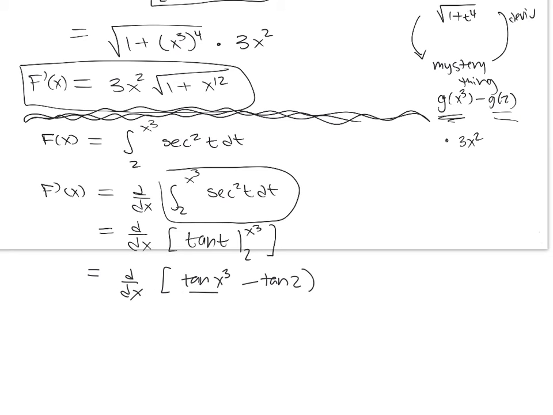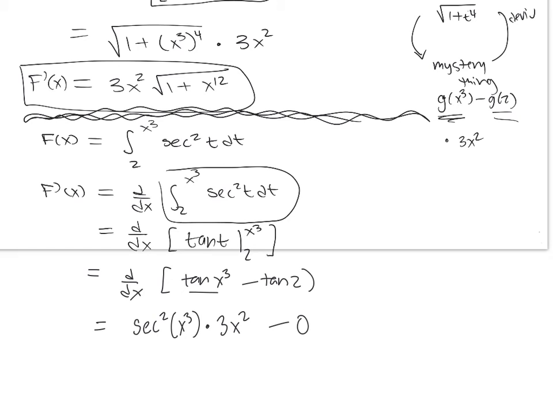What's the derivative of tangent of x cubed? What rule must you use? The chain rule. The derivative of tangent is secant squared of x cubed, multiplied by 3x squared from the chain rule. And tangent of 2's derivative is just 0.